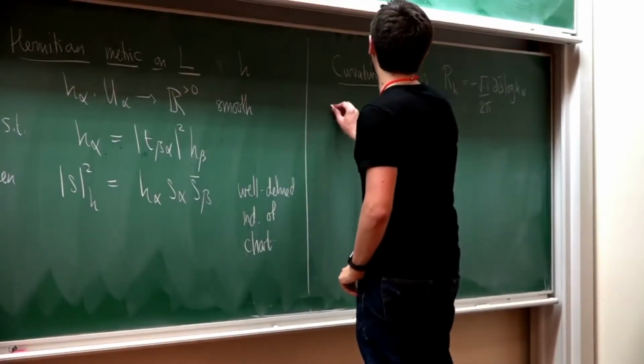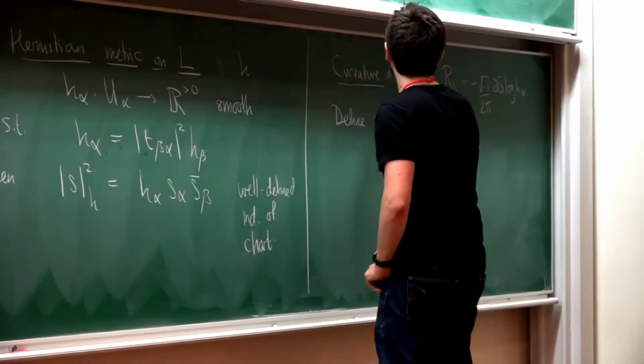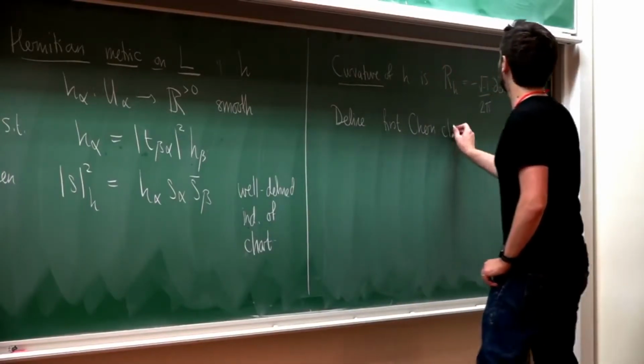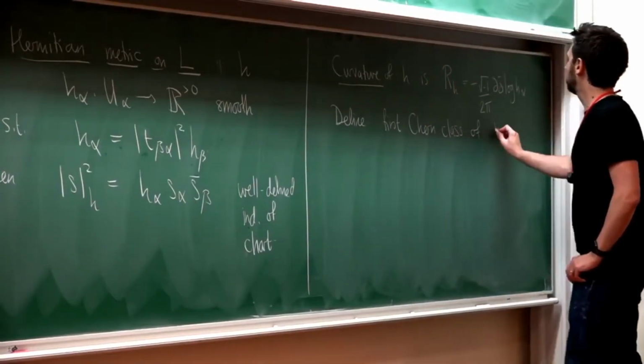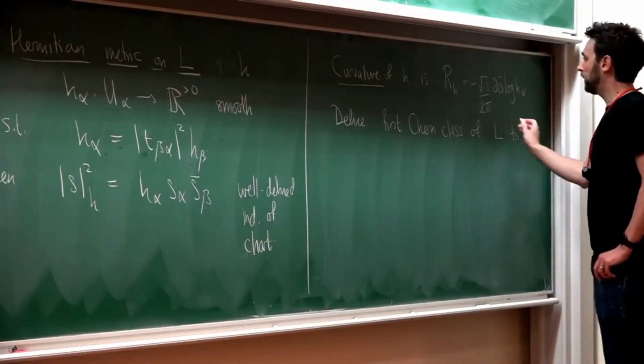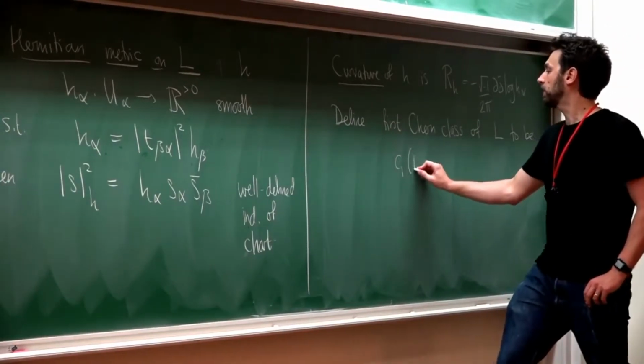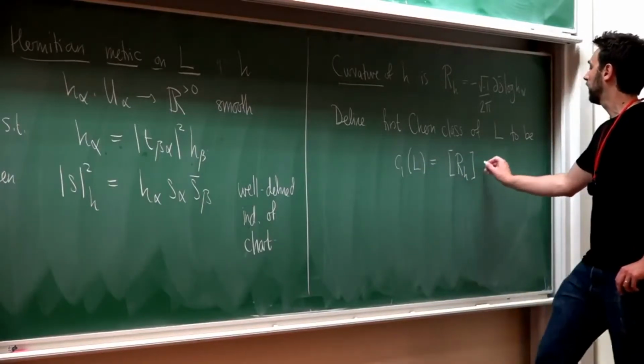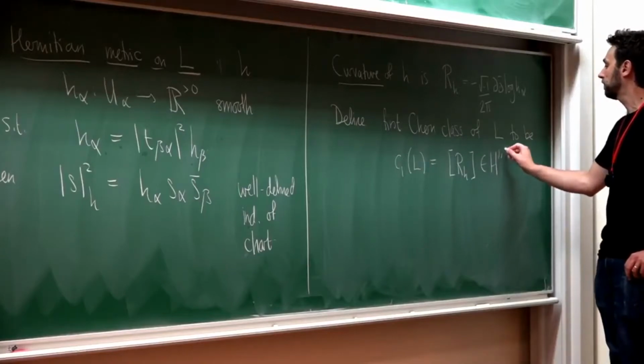And then we define the first Chern class. We define the first Chern class of L, C1 of L, to be simply the cohomology class of R_H. And this is an element of H^{1,1}.